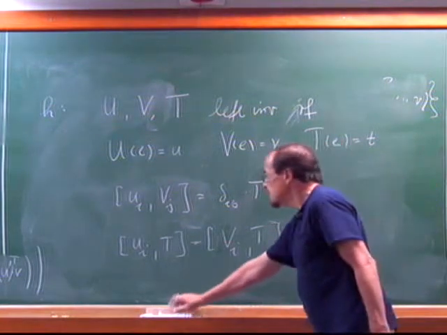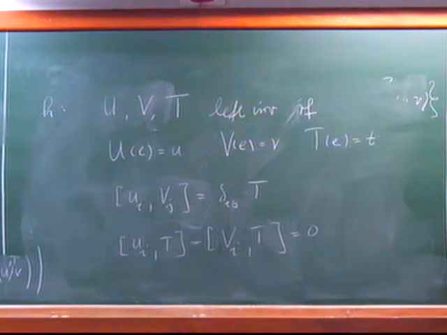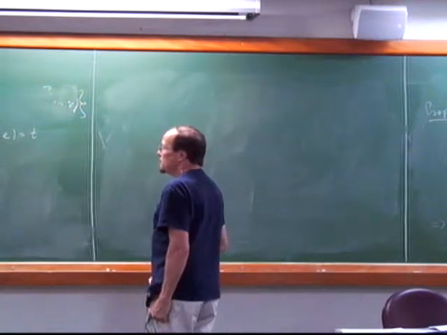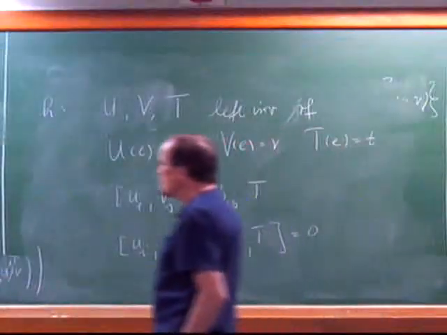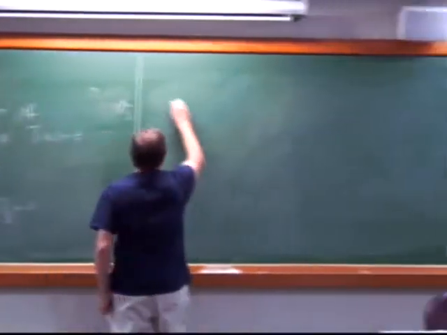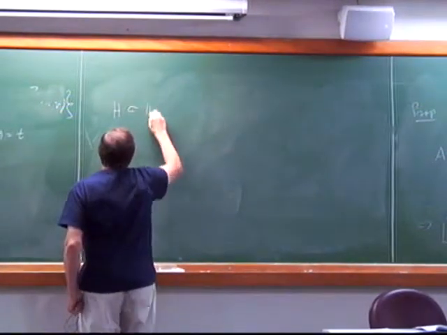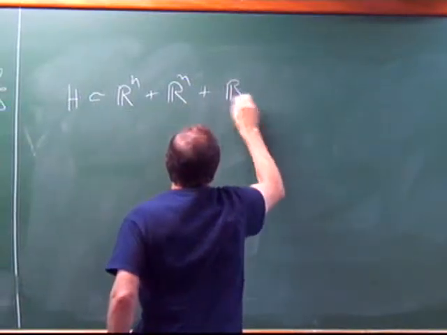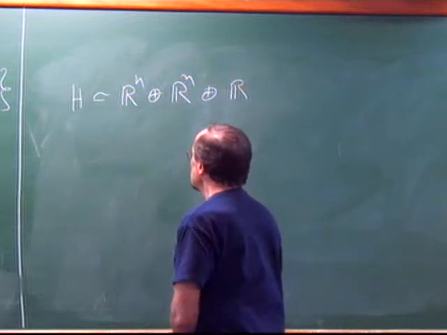What does that mean? It means the following: of course, we identify H with R^n plus R^n plus R, using the notation over there.